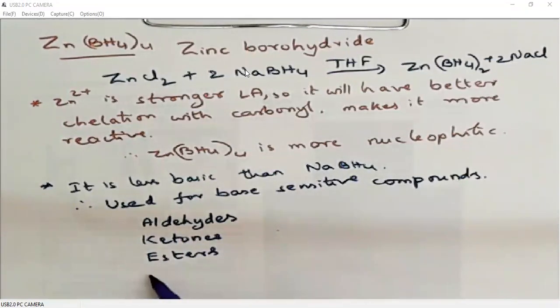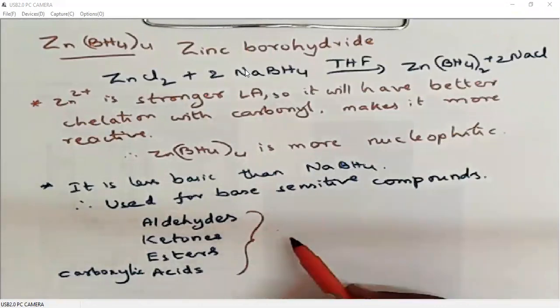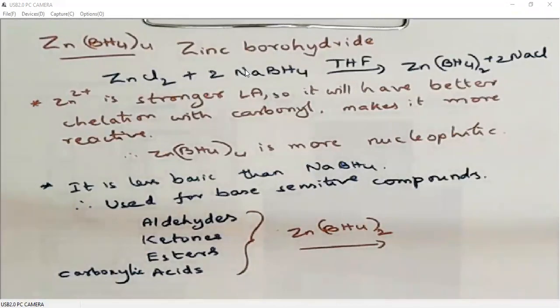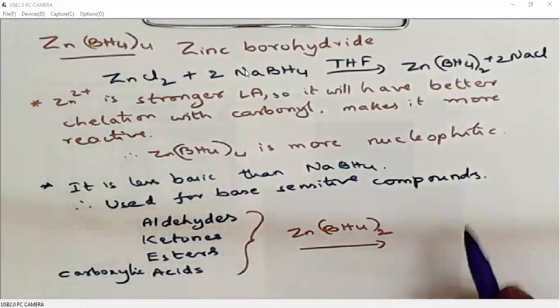Zinc borohydride will also reduce, along with aldehydes, ketones and esters, carboxylic acids because it is more reactive. Okay, so all these functional groups can be reduced to the corresponding alcohols.